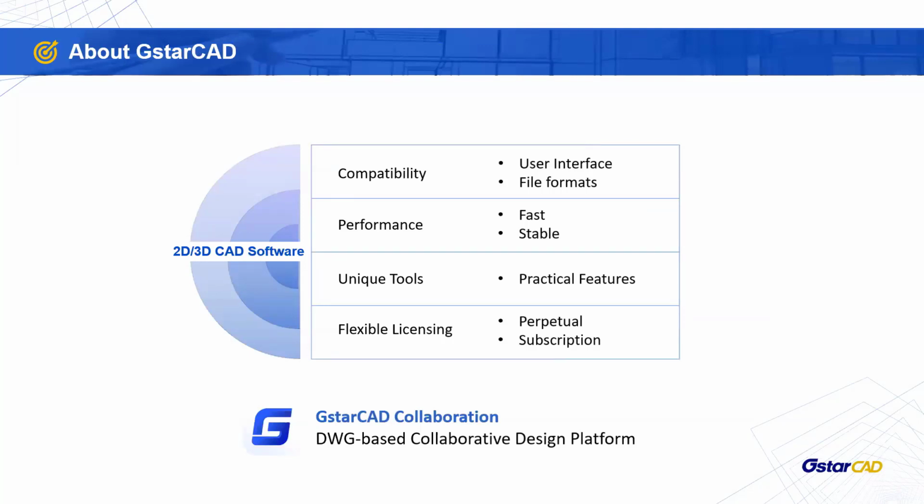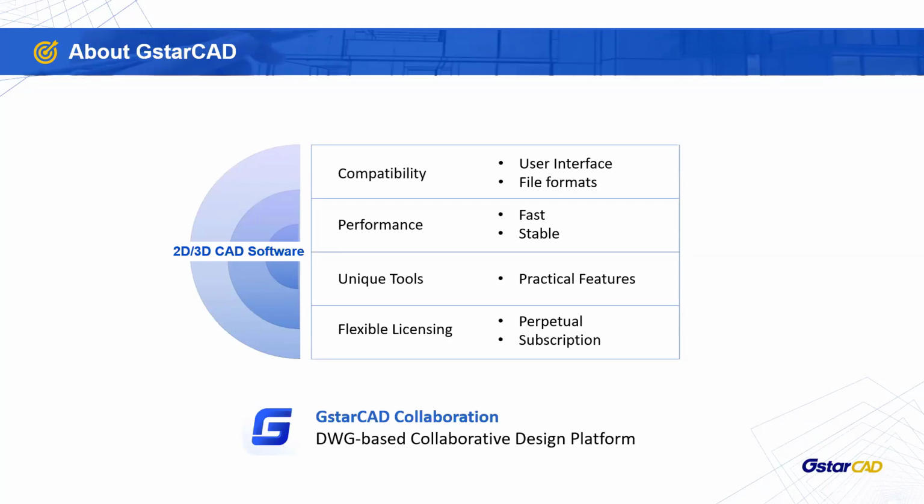So what this means is that the learning curve, if you are going to come over to GstarCAD, is very, very minimum. And then on top of that, the file formats that we can open and export are also the same as many CAD software out there, which basically are the DXF and the DWG formats.